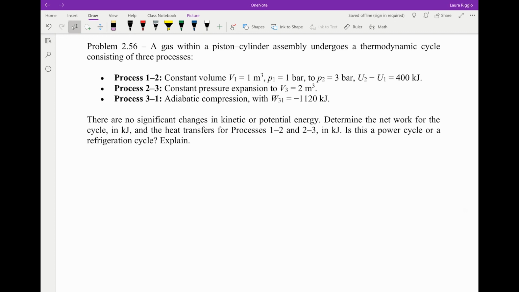And then we want to determine if this is a power or refrigeration cycle. Few things right here. This is actually 2 meters cubed, and V3 is 1 meter cubed.